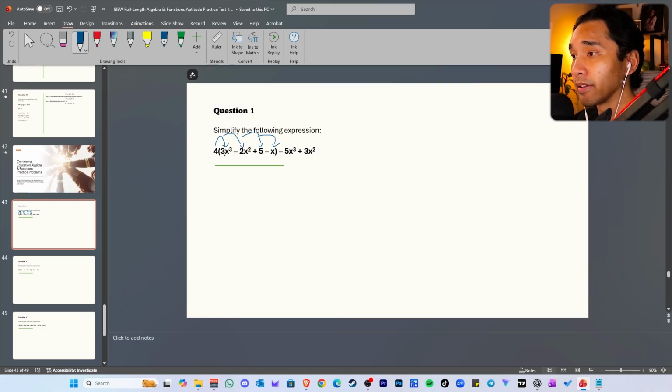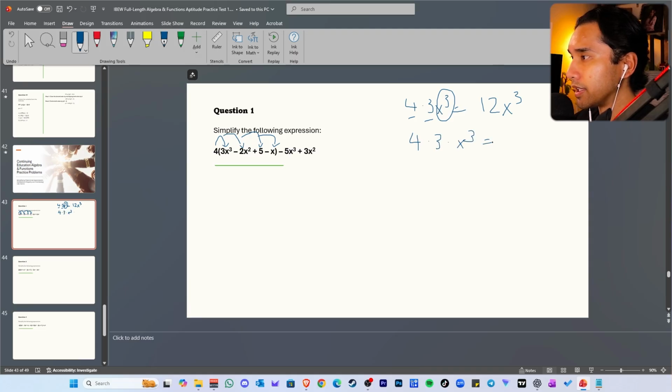You're going to be doing 4 separate problems. 4 times 3x cubed equals 12x cubed. All I did was multiply these numbers, and then I tagged along the x cubed. How that would actually read is 4 times 3 times x cubed, and there's nothing else we could do.